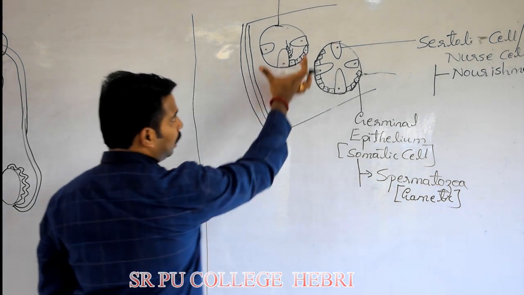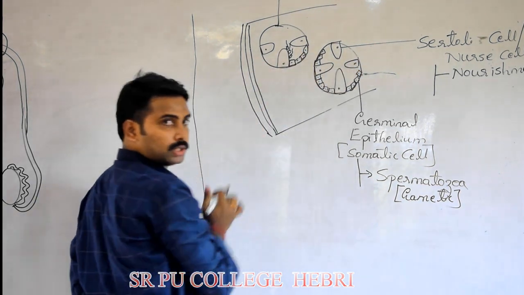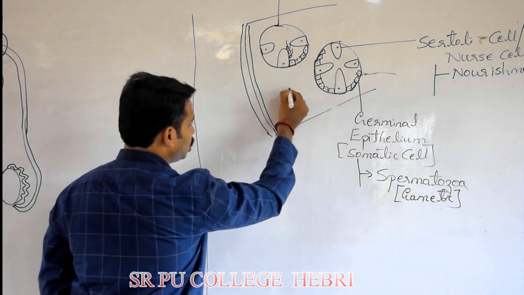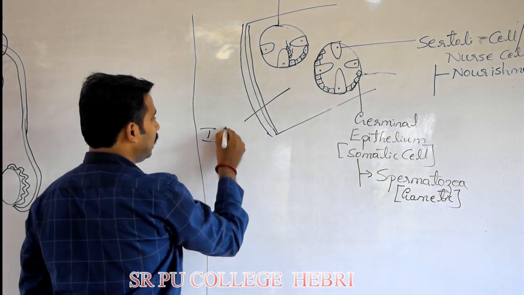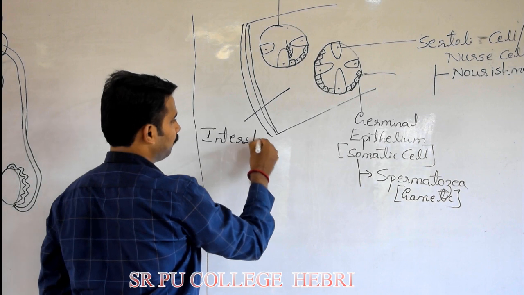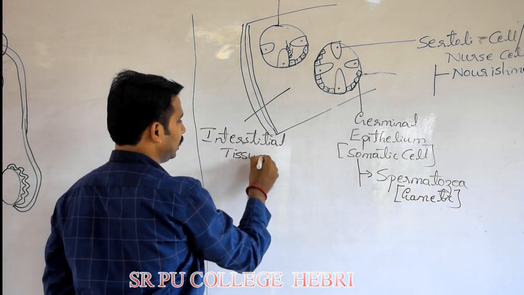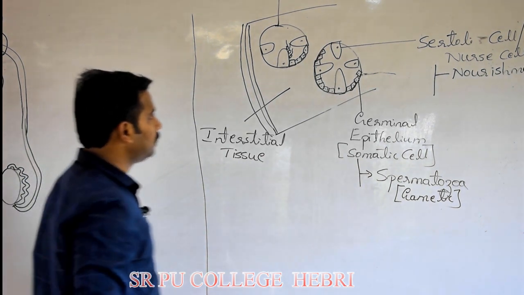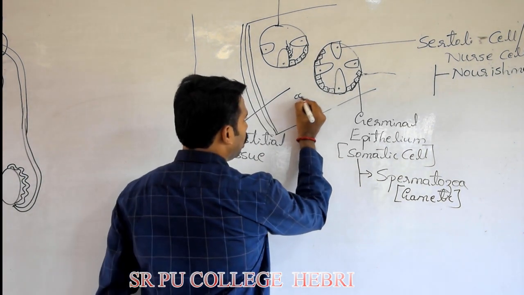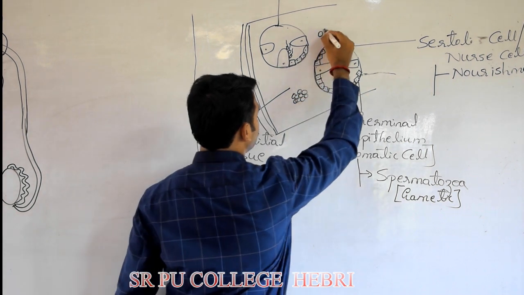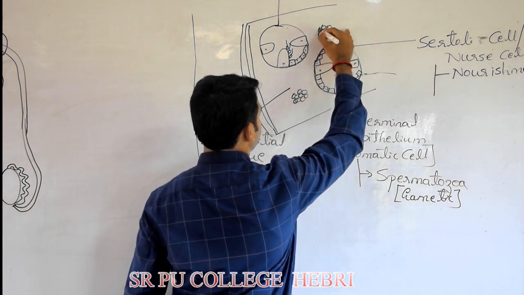Now, in between the seminiferous tubules you will find a tissue. Can you see this? This tissue is called interstitial tissue. In this interstitial tissue you will find a cluster of cells, a mass of cells.